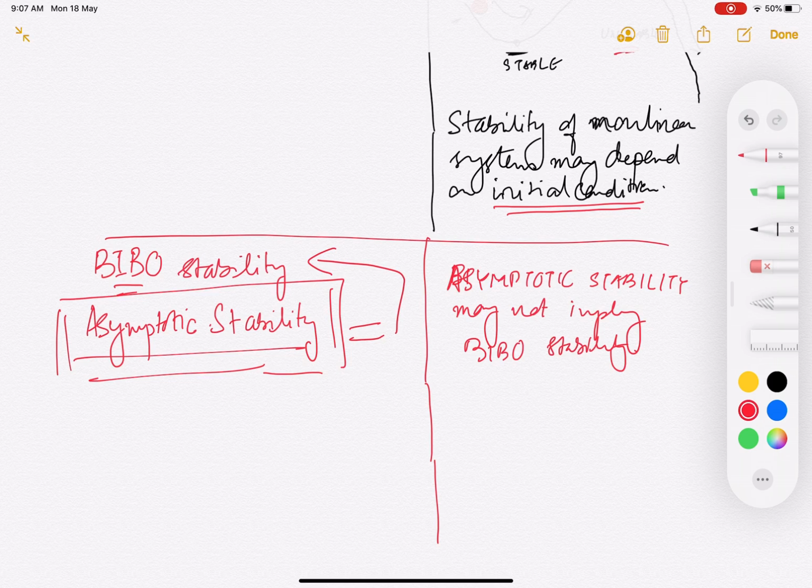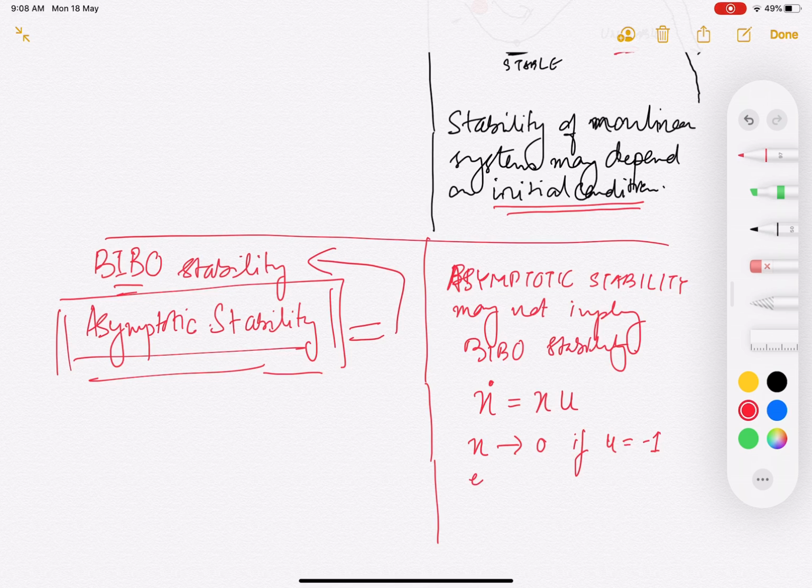Even in fact, an example would be something like x dot is equal to, say for example, x into u, right? So suppose you have a system like this, and this x would converge to 0 if u is negative, like -1, but it will not converge to 0 if u is not negative.